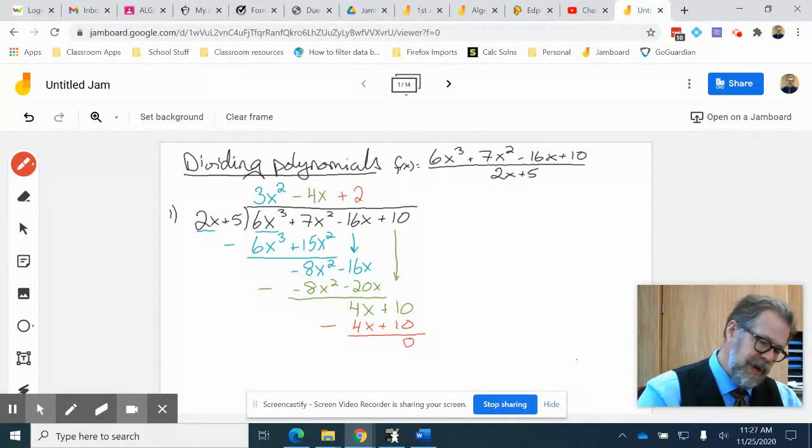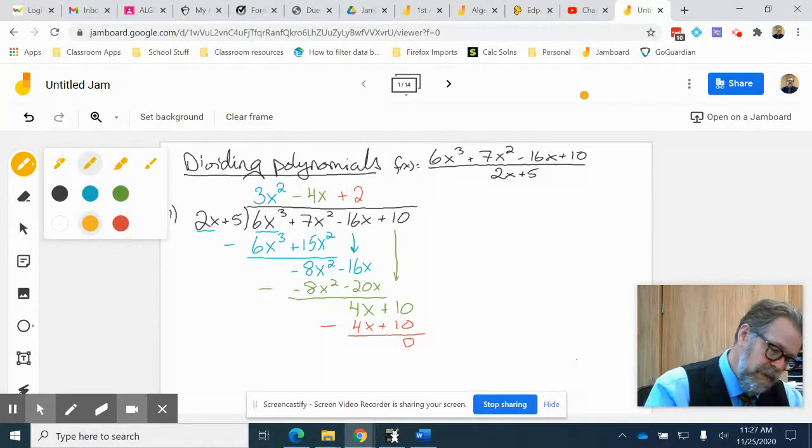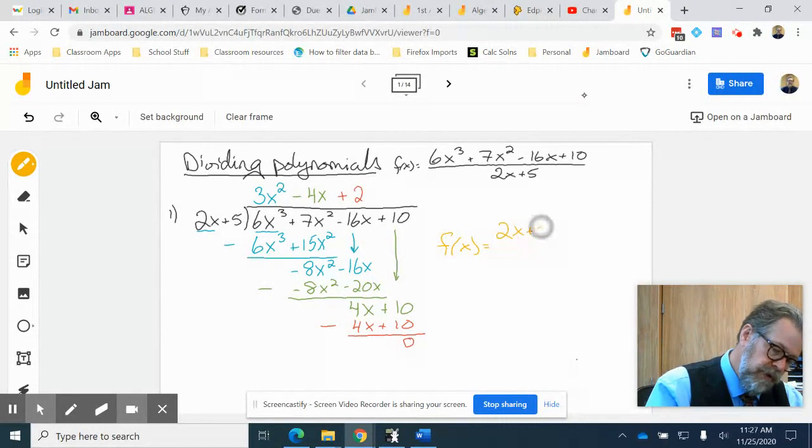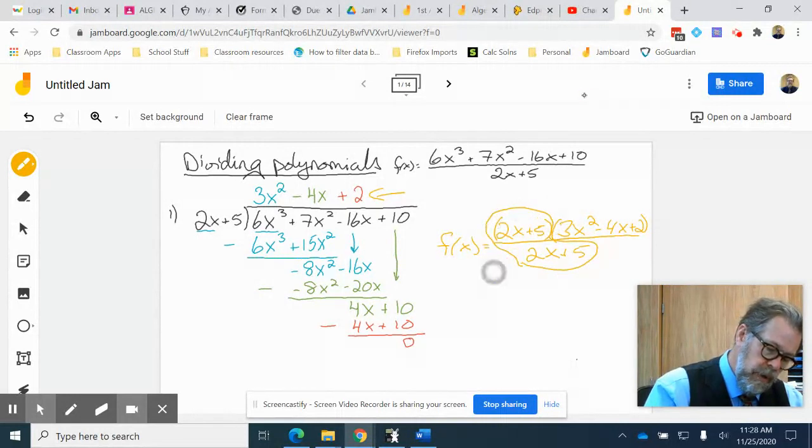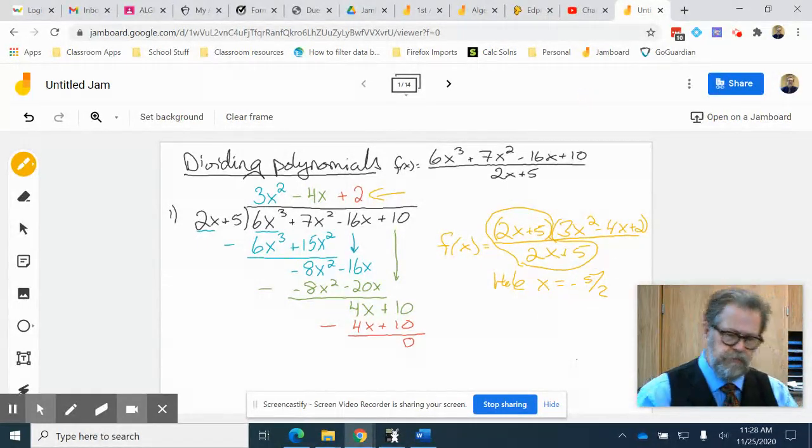Well, that's actually sort of nice, because what this tells me is that I can now write my function as f of x equals 2x plus 5 times this quadratic, 3x squared minus 4x plus 2, all divided by 2x plus 5. And I know that this function is going to be a quadratic with a hole at x equals negative 5 halves.